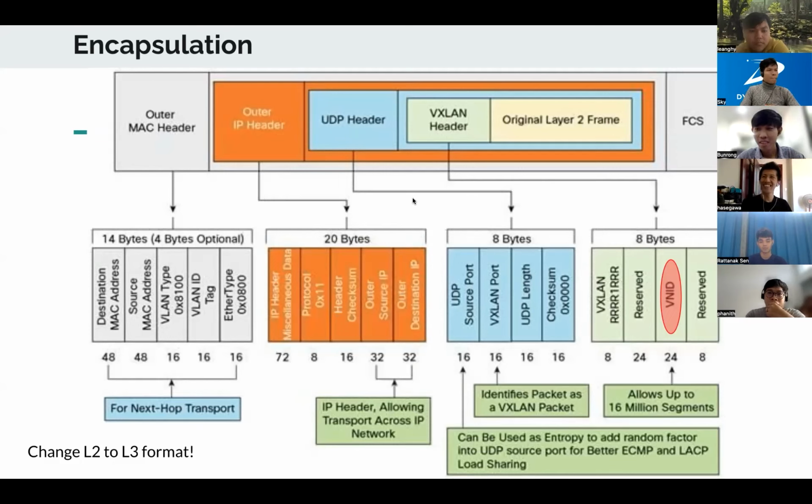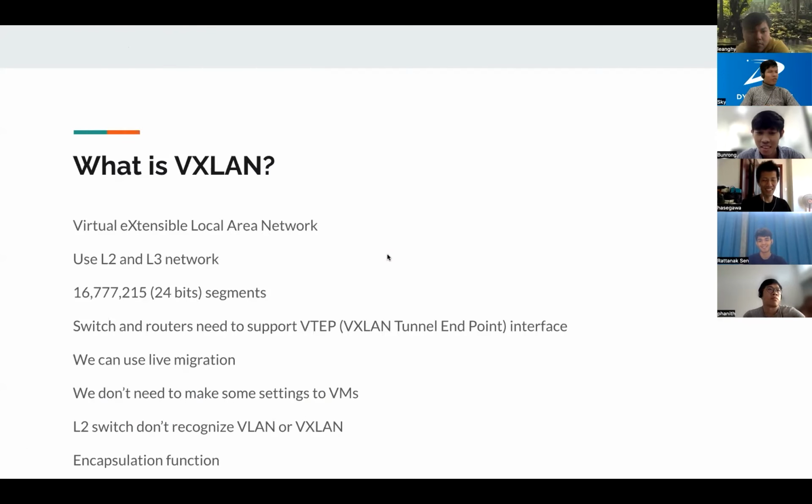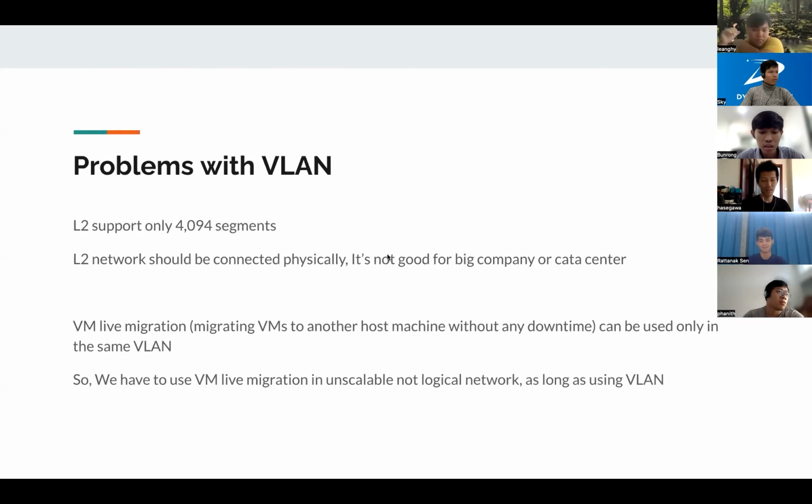As I understand, the segment is not requests per second. If we say L2 segment, it's an L2 network. One L2 network group is one segment. If we say L3 segment, then one L3 network group is one segment.